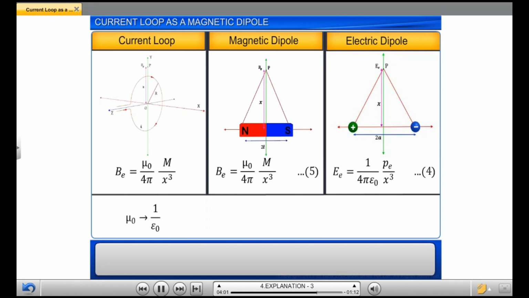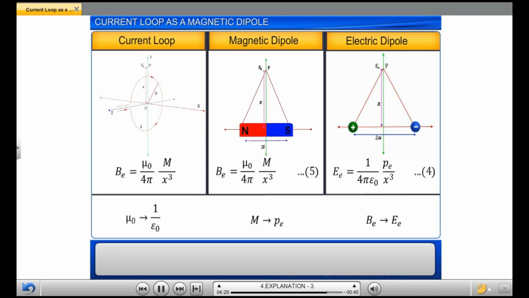Mu naught is analogous to 1 by epsilon naught. M is analogous to PE. That is, the magnetic dipole moment is similar to the electric dipole moment. And BE is analogous to EE. That is, the magnetic induction is similar to the electric field intensity.